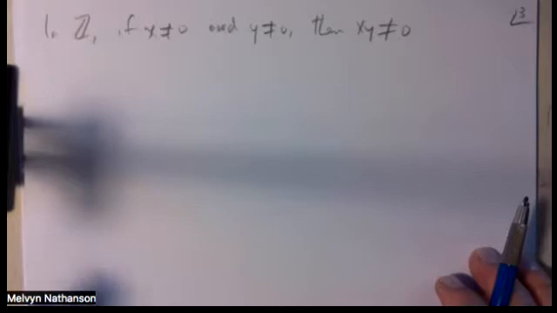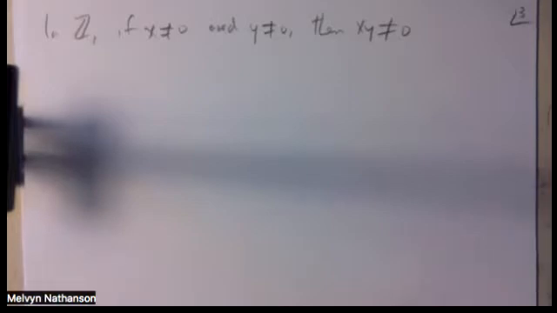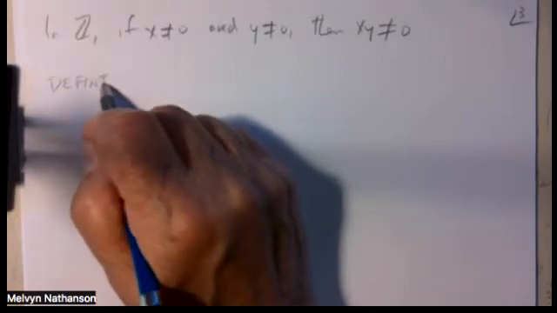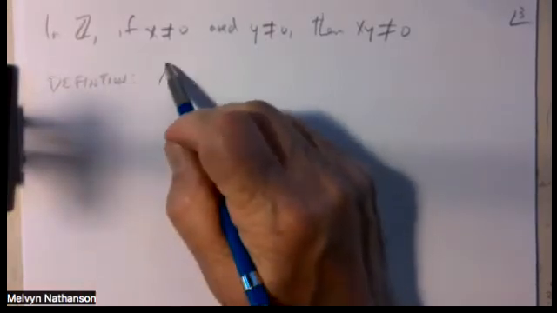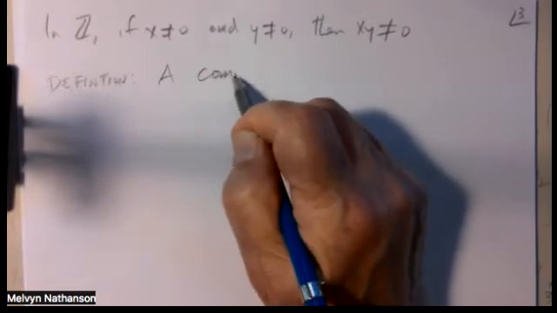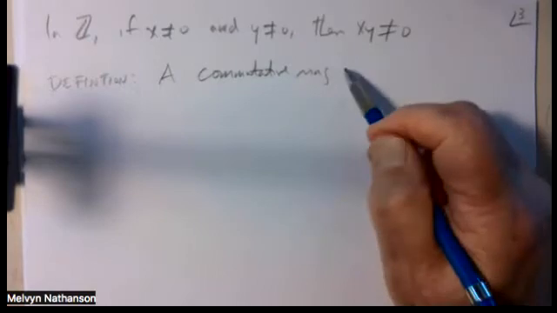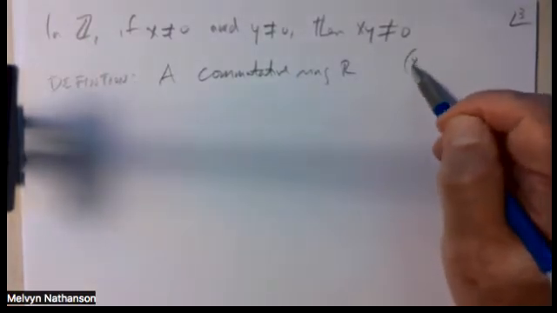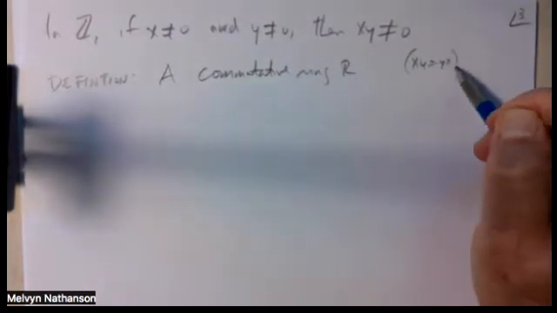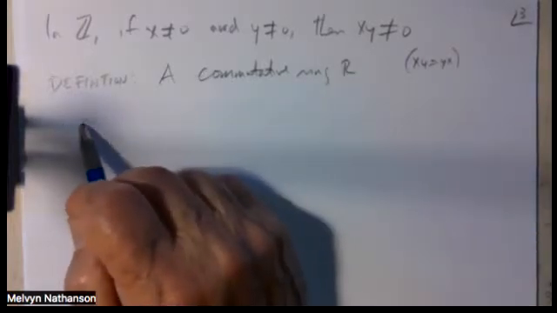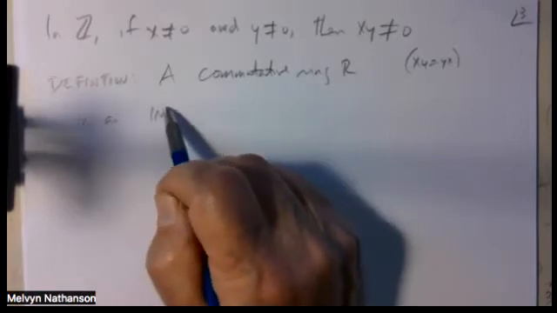And rings that have this property are very nice, because we can do more things like arithmetic in them. So this leads to the following definition. A commutative ring R, commutative meaning xy equals yx for all x and y, so multiplication is commutative. A commutative ring R is what is called an integral domain.